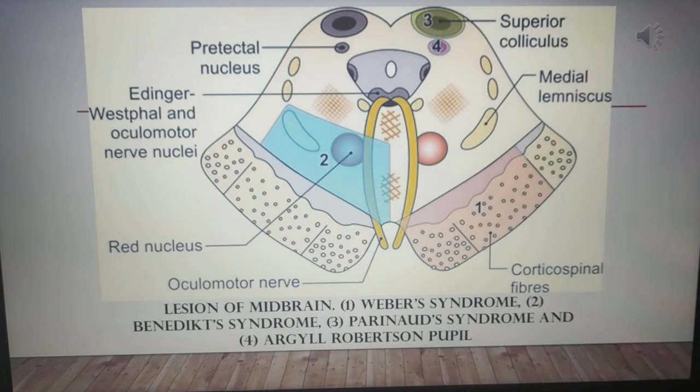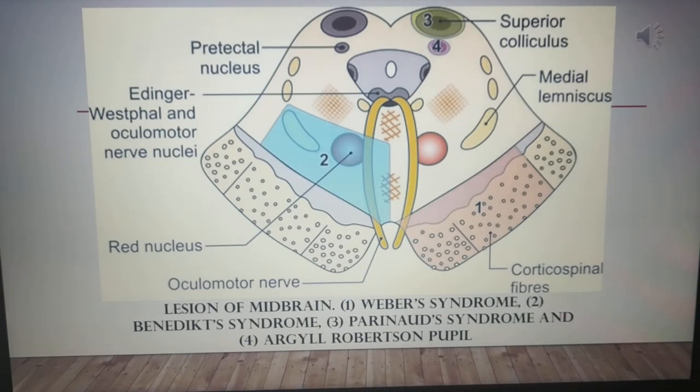Next will be Benedict's syndrome, which is mainly caused by injury to the red nucleus, which results in ipsilateral oculomotor palsy and contralateral tremor.